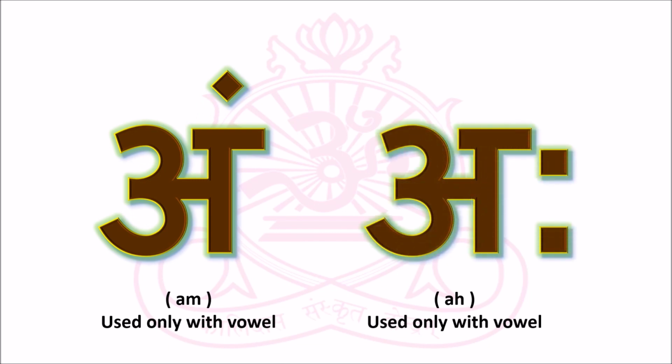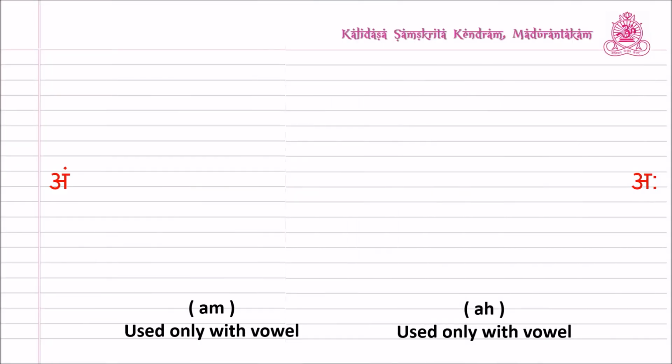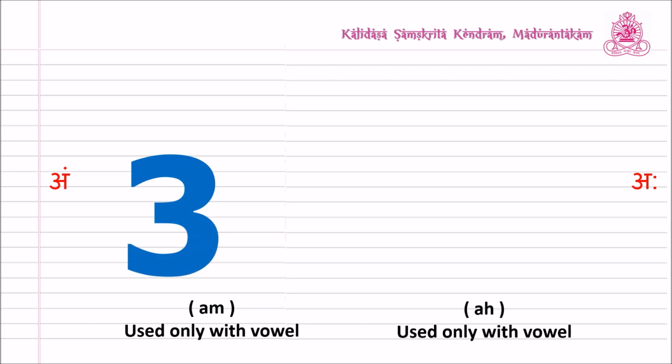Am, ah. These two are independent letters. Here we require only m, the dot, which is called anuswara.